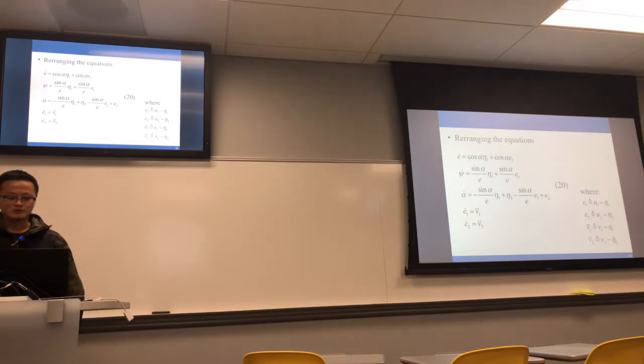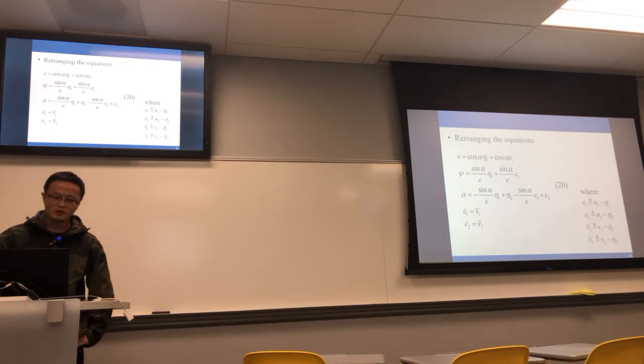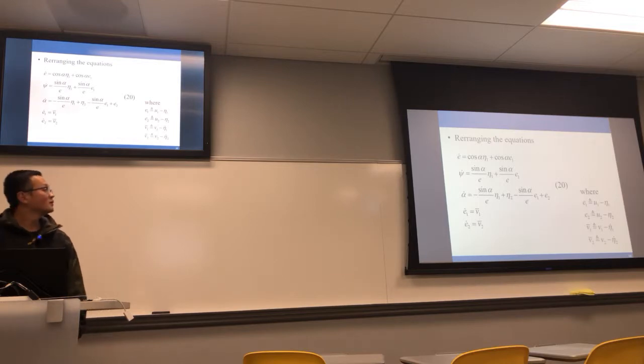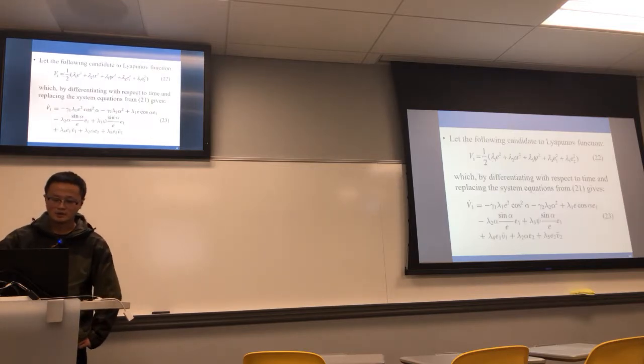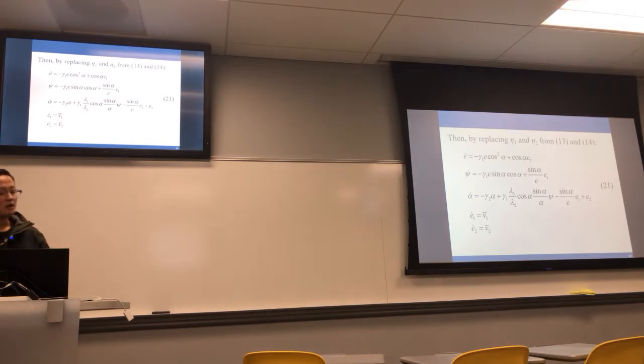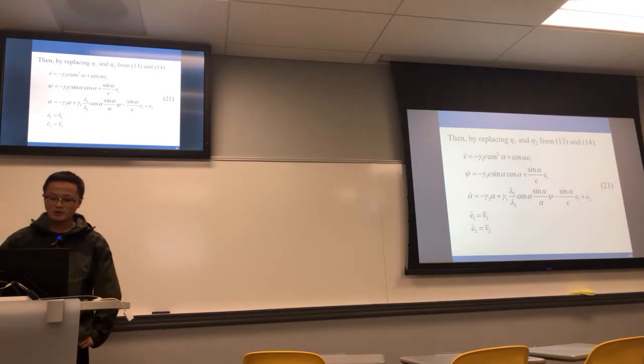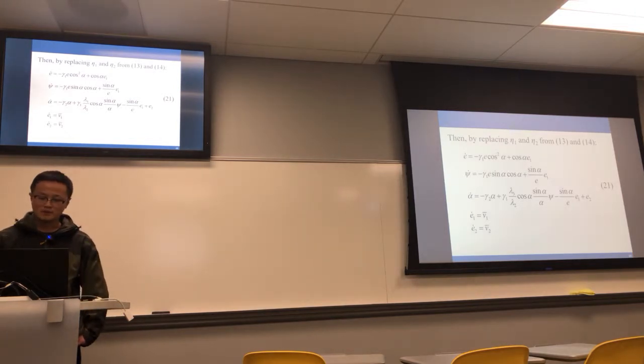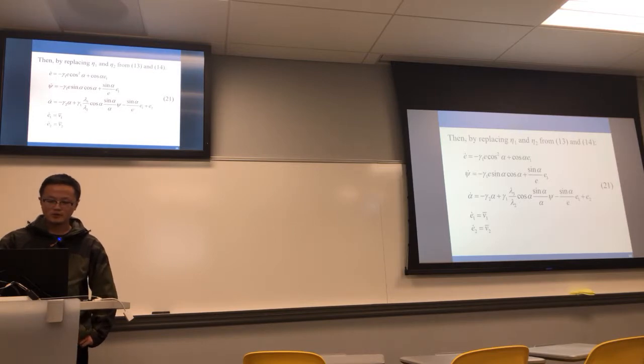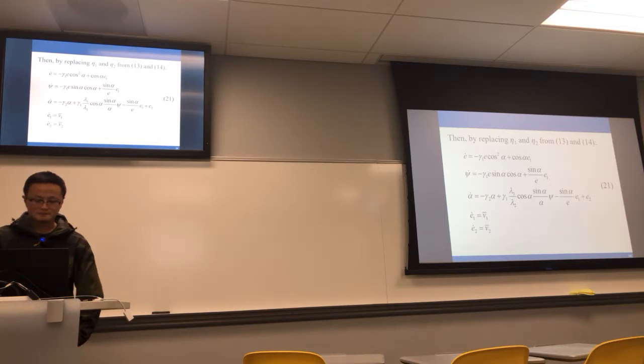Rearrange the equations by replacing E1, E2 and mu1, mu2. Here we get equation 20, and then by replacing eta 1 and eta 2 from 13 and 14, we get equation 21.